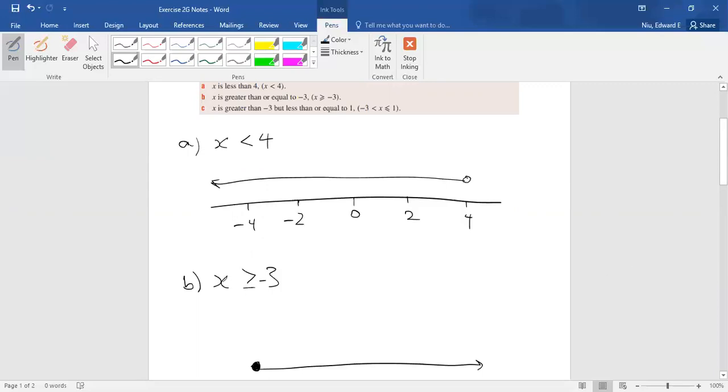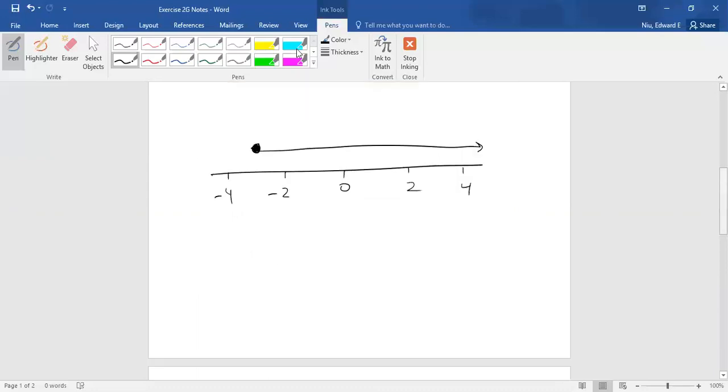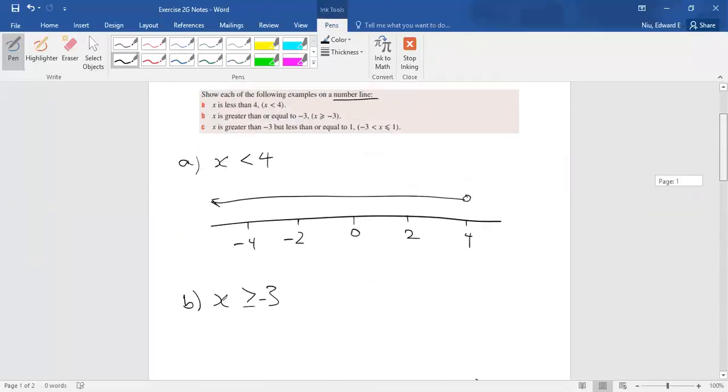The last one, x is greater than -3, but less than or equal to 1. Let's write that down. So -3, x, 1.